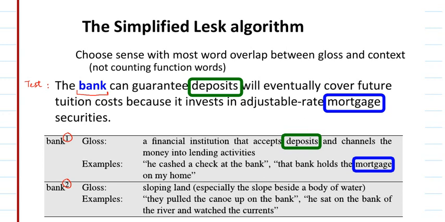So the algorithm actually finds in the inventory the different senses of bank. Suppose these two senses of bank are found in the inventory, and these are the textual data that is available with these two separate senses. So what it will do is that it will pick up all the senses one by one and it will find the matches between the two texts.